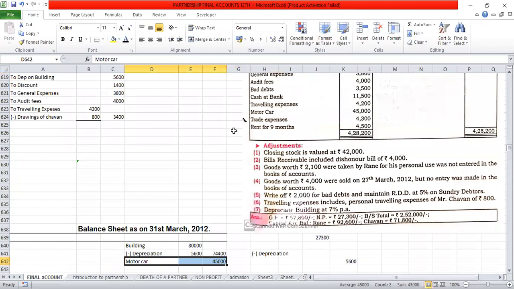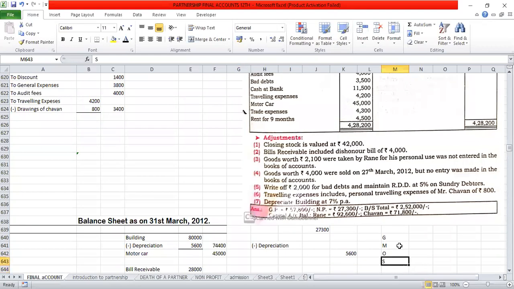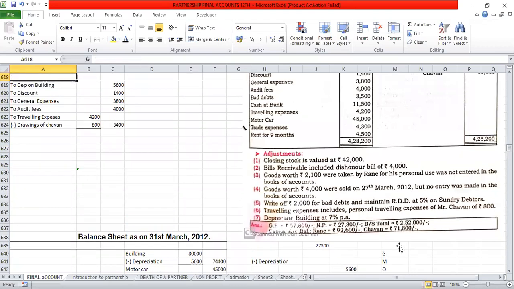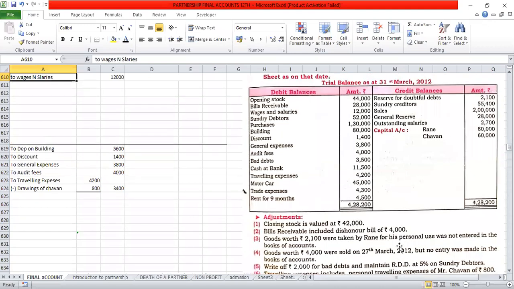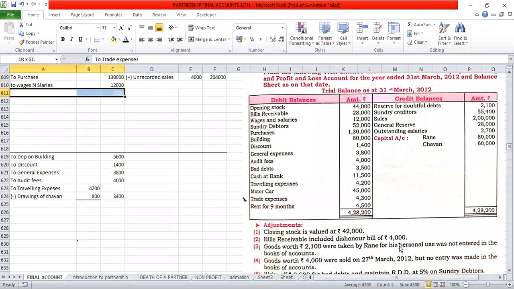Since general expenses are present in the trial balance, what should we do? Trade expenses go to the trading account. Very good. Trade expenses go to the trading account because general expenses are already recorded in the trial balance.